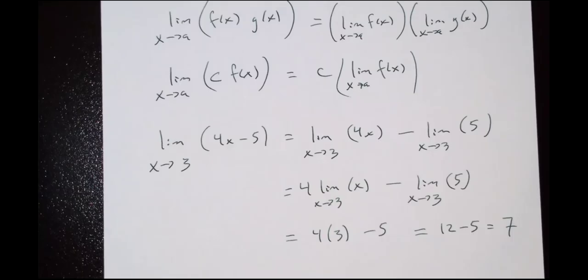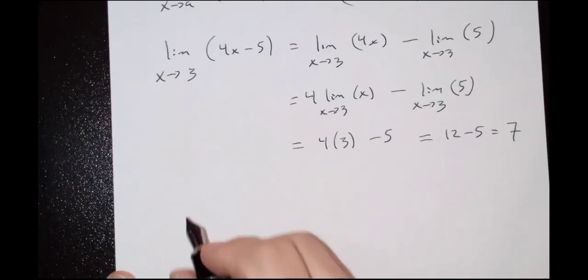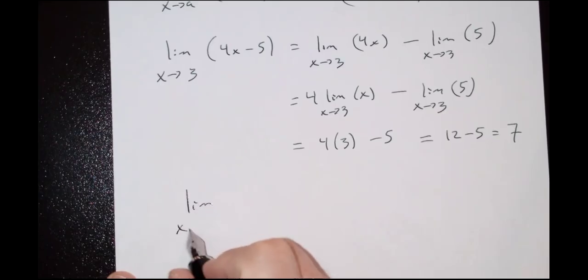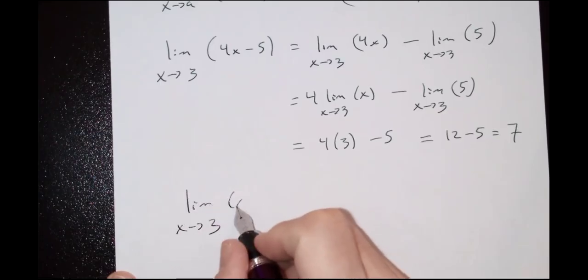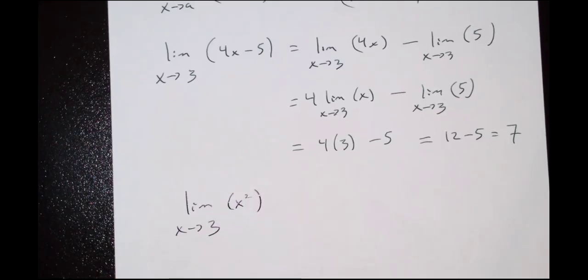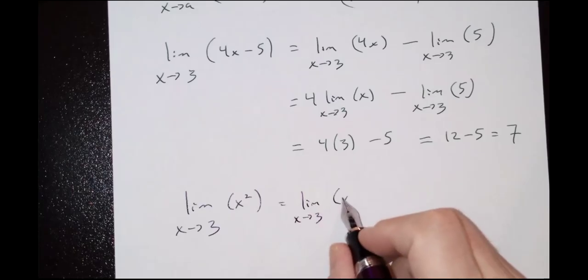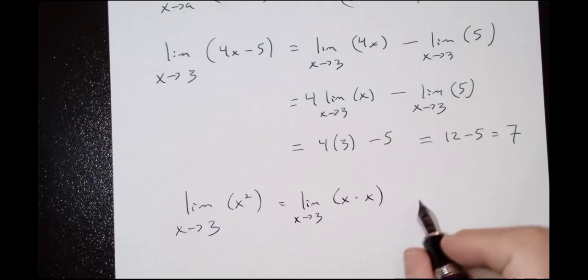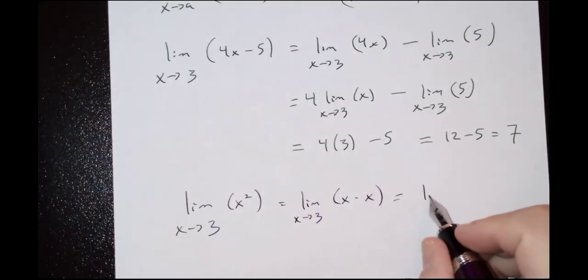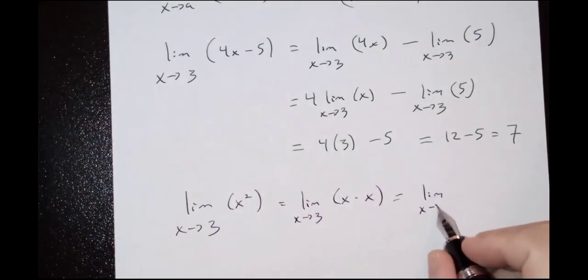At the top of the screen, I'm multiplying. There's a shorthand for multiplying by the same thing, right? So if I think of this, x squared, but x squared is just x times x. And if I'm multiplying, I use that rule up there and I split them up.